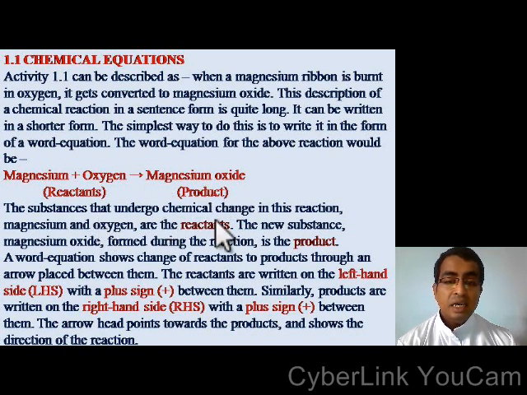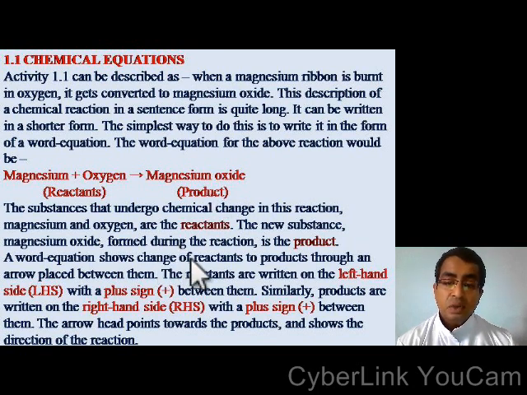The substances that undergo chemical change in this reaction are magnesium and oxygen, so they are called reactants. The new substance, magnesium oxide, formed during this reaction is known as the product.